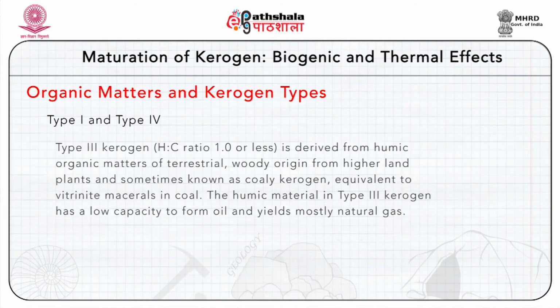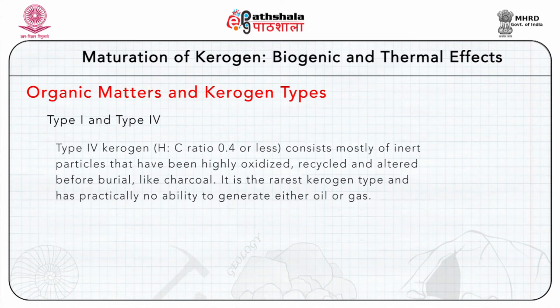Now, type 3 kerogen, where the hydrogen to carbon ratio is 1 or less, is derived from humic organic matters and they are of terrestrial woody origin from higher land plants and sometimes known as coally kerogen, equivalent to vitrinite macerals in coal. The humic material in type 3 kerogen has a low capacity to form oil and yields mostly natural gas.